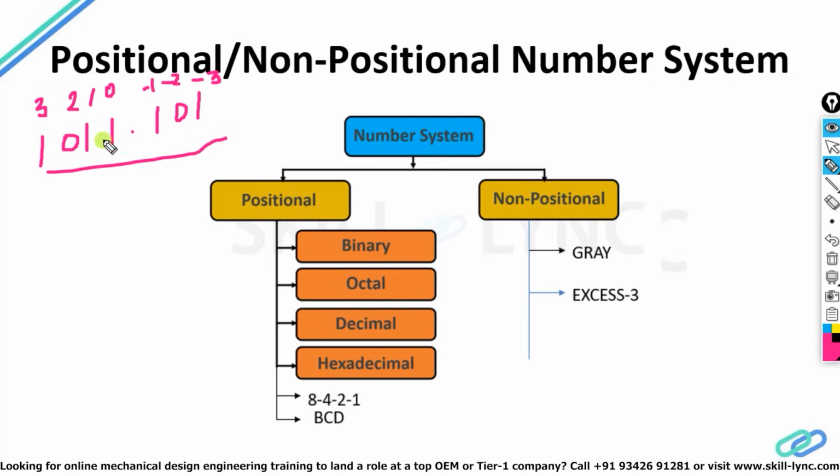Because it is a binary number, 2 to power 0 into 1, plus 2 to power 1 into 1, plus 2 to power 2 into 0, plus 2 to power 3 into 1.